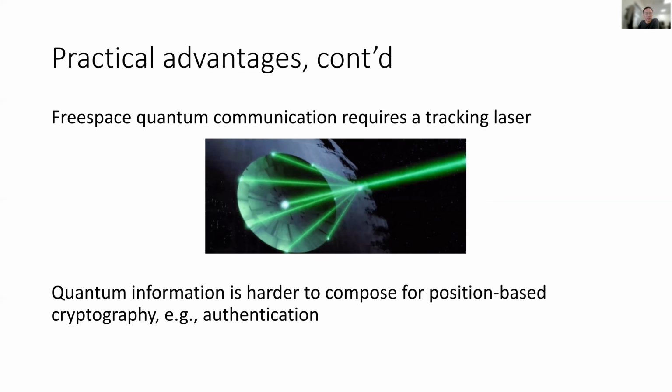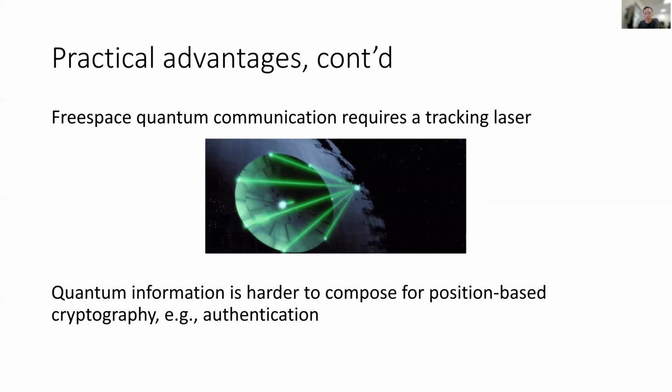And finally, if your protocol has quantum communication, then it might be harder to compose your protocol with other things that you might want. For position-based cryptography, for example, you might want to authenticate the message. And this becomes a little bit harder and more subtle when you're considering quantum communication.